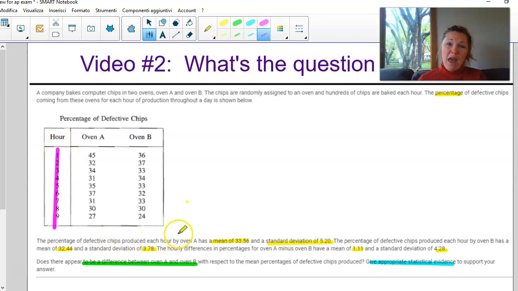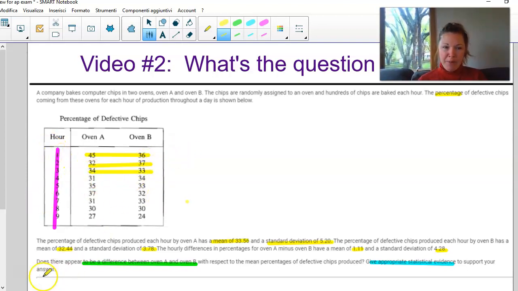What that means is these ovens and the chips being baked were matched up by hour. So what we have is a 1-sample t-test for matched pairs, because they're matched up by the hour.